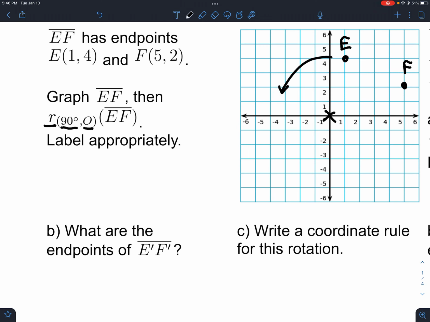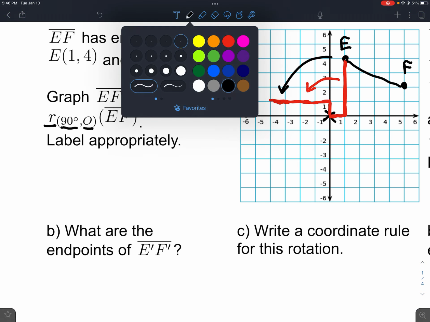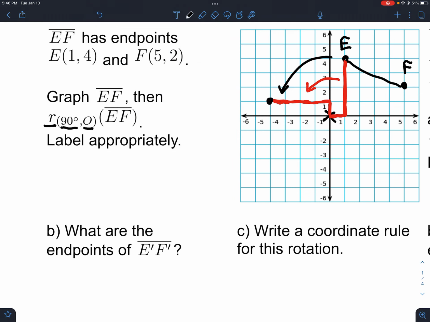So how do we do that? My best advice is to draw a little L shape that reaches the point from the pivot. And we're going to spin this down here. And that's where E is, or E prime.